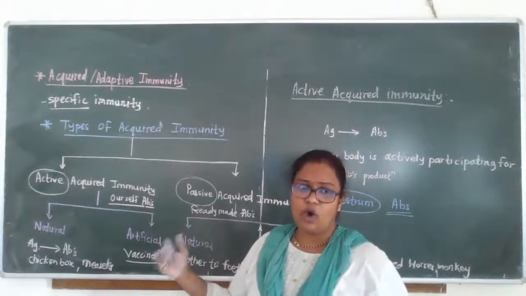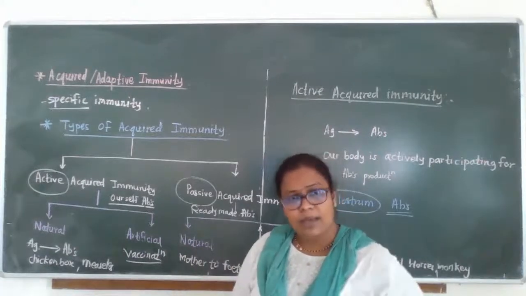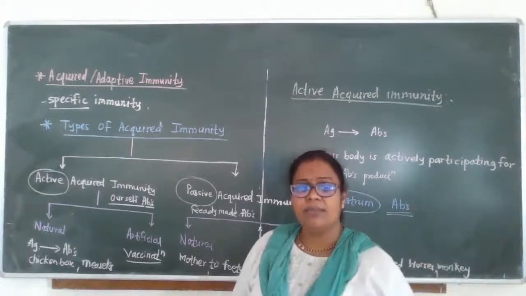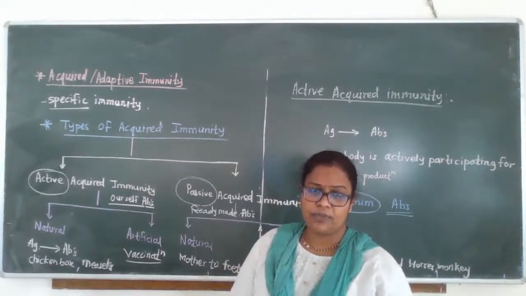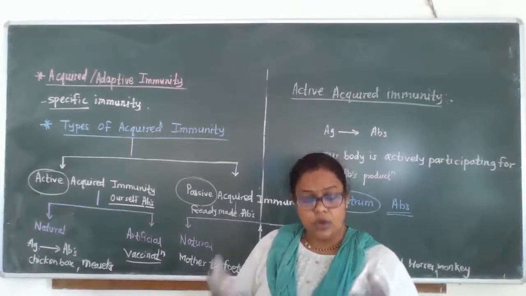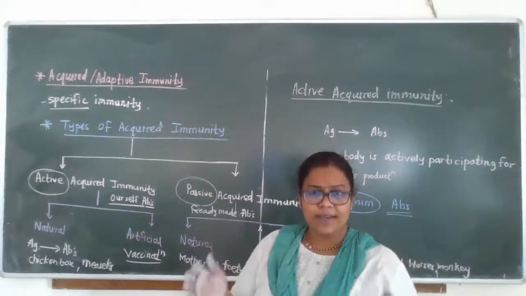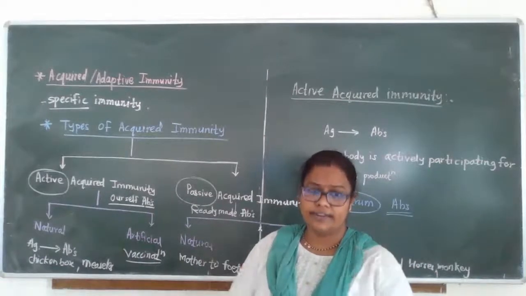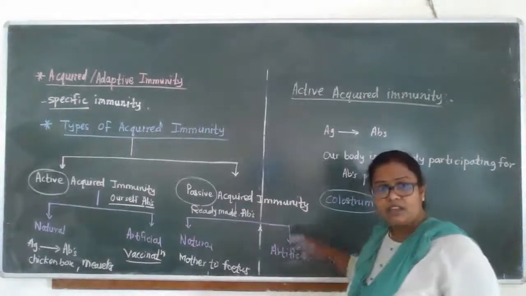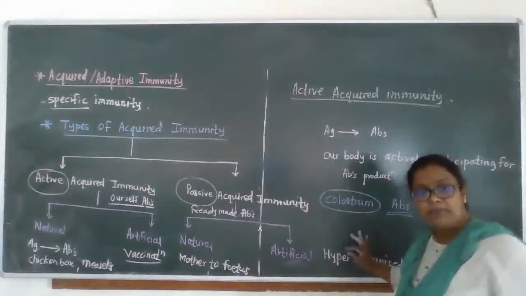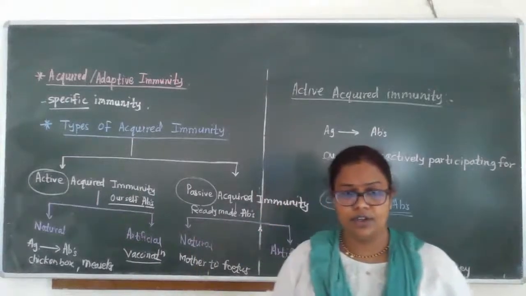Several times that horse is injected with the antigen, and every time the horse produces antibodies. Now that horse has a set of antibodies against that particular antigen, right? That means now that horse is a hyperimmunized horse for that particular antigen.